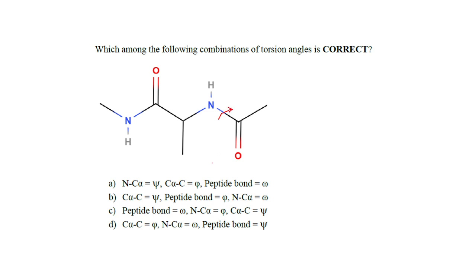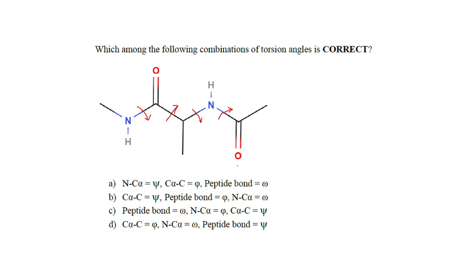The next one is your C alpha C. So C alpha and C is your this one, and that is also a peptide bond, and this one.